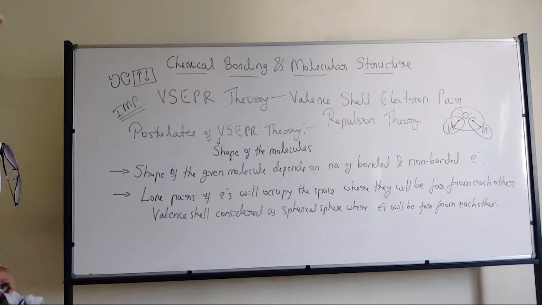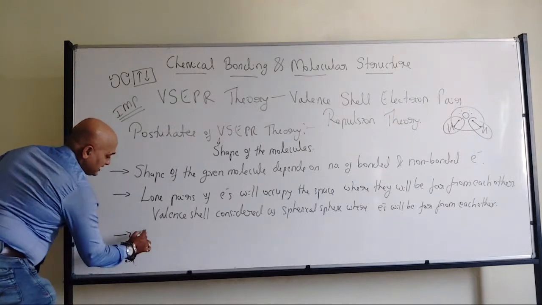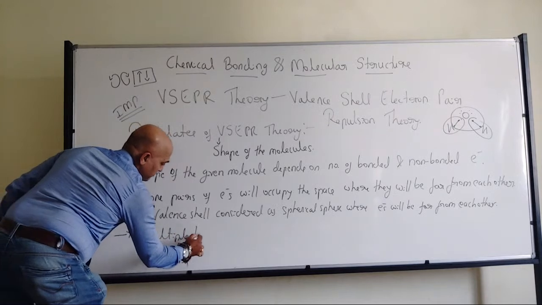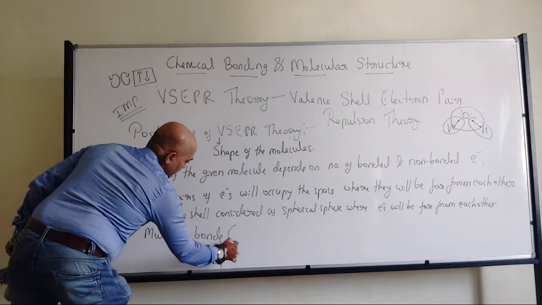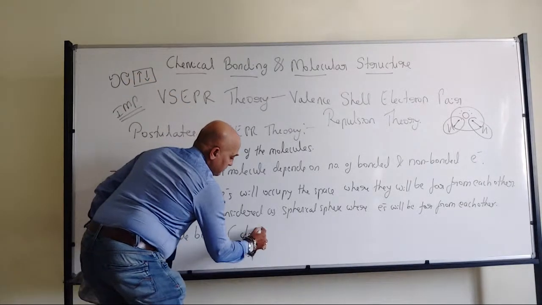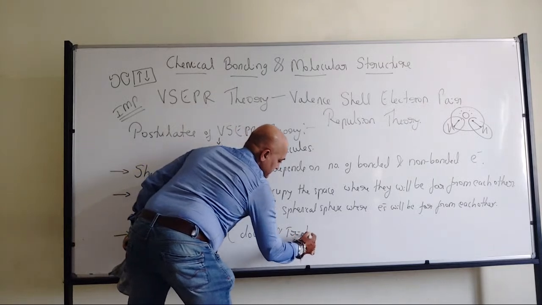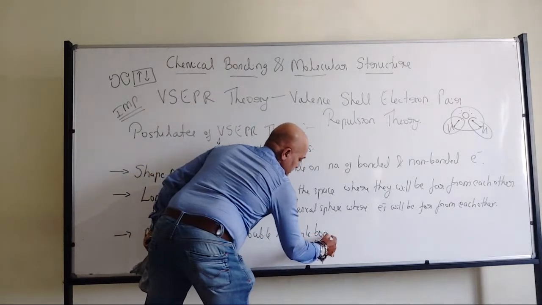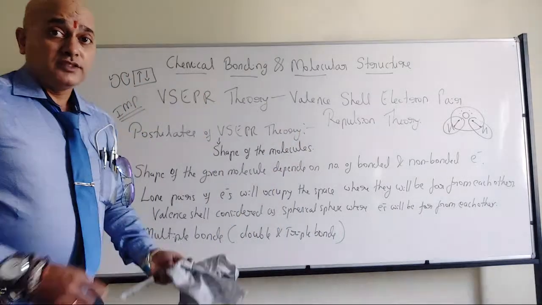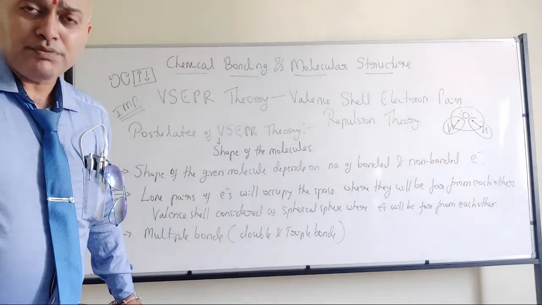Okay? So when I am talking about multiple bonds, that means double and triple bonds. When there is a presence of multiple bonds, those bonds will not be considered as double or triple in VSEPR theory.